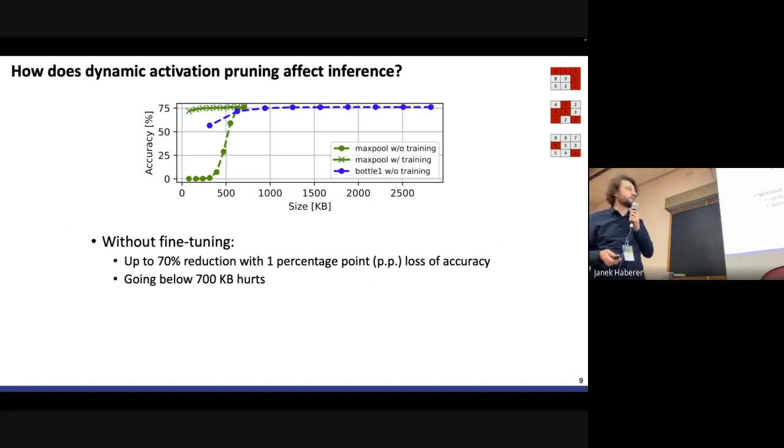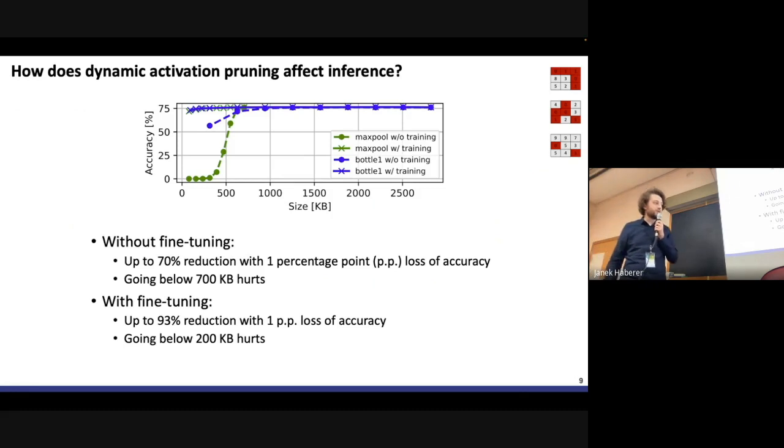The same is true for the residual bottleneck. In this case, it doesn't make any difference whether we choose the bigger or the smaller layer. We can reduce up to 93% with a maximum loss of 1 percentage point. Going below 200 kilobytes starts to hurt.